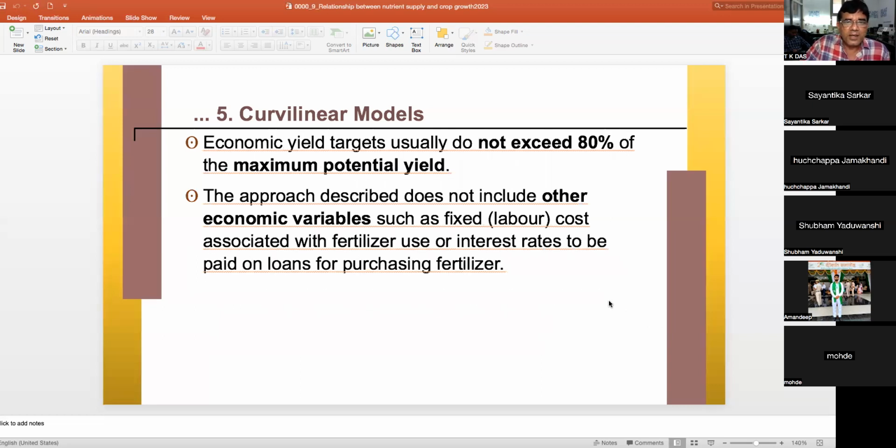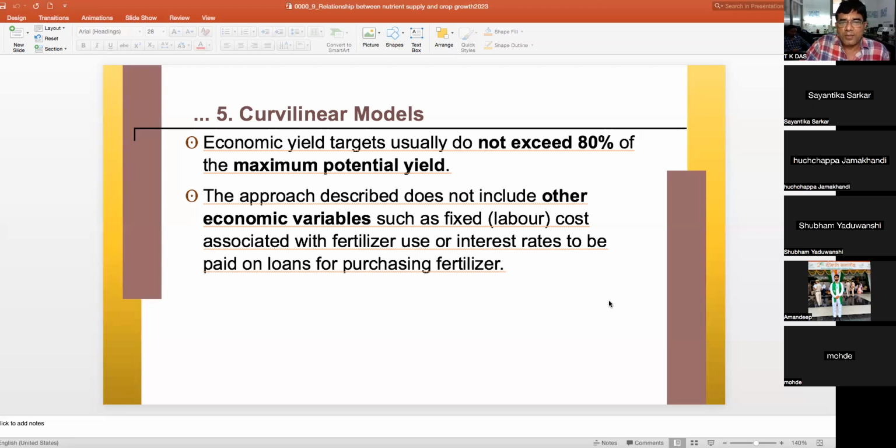Economic yield targets usually do not exceed 80% of the maximum potential yield. People have done a number of experiments to establish the relationship between nutrient supply and plant growth, particularly with respect to nitrogen, and they found that optimum doses are not normally 80% of the maximum yield dose. So these are the relationships people observe.